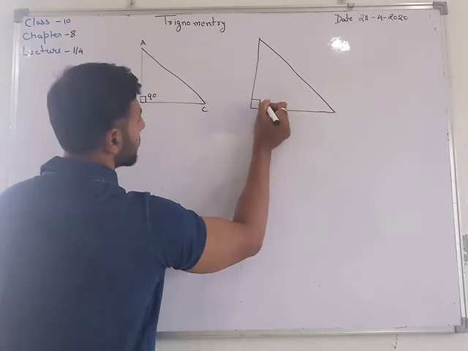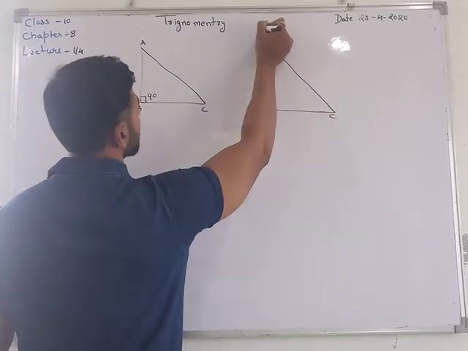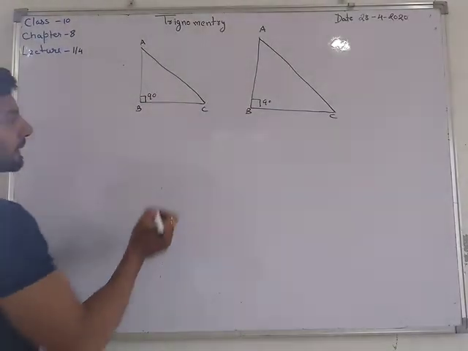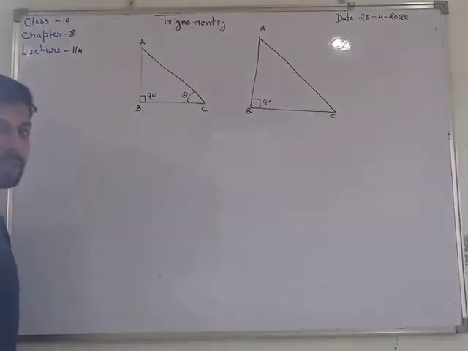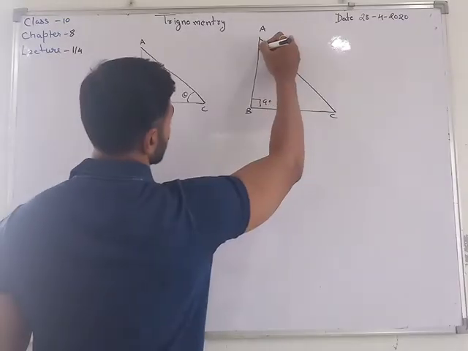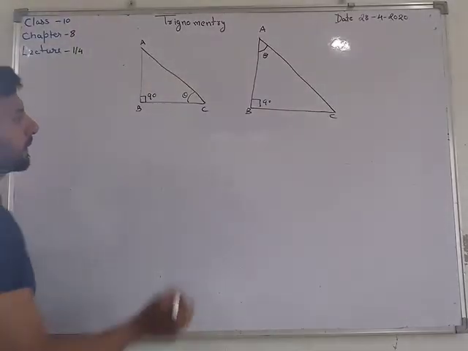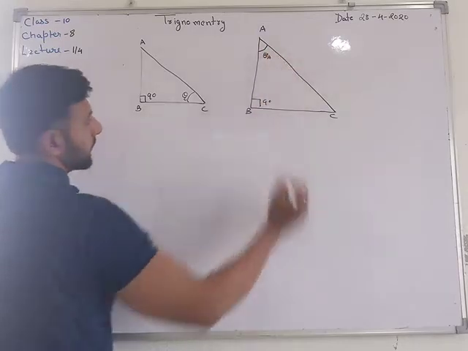This is 90 degree, this is B, this is C, and this is A. Now, the possible angles can be this angle C theta or this angle A theta. We can say this theta C and theta A.